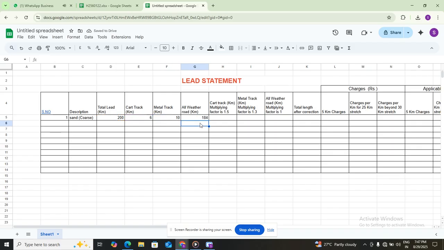So the total distance is 200, we have cart track of 6 kilometers and metal road of 10 kilometers, and the remaining is all weather road. So 184. We calculated this as D5 minus E5 and F5.